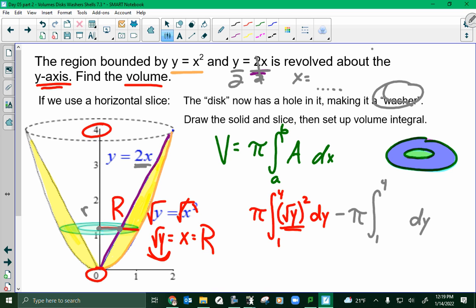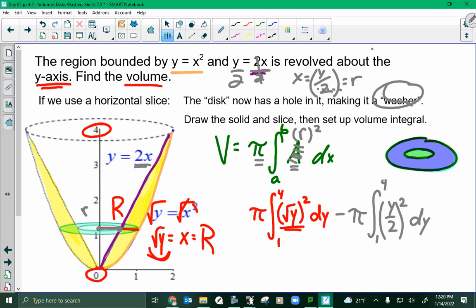Y over 2 equals x. This is what my smaller radius is, okay, in terms of y. Of course, I need to square my radius, right? Because area of a circle is pi r squared. So instead of area, we're going to do r squared because that's the area of a circle.